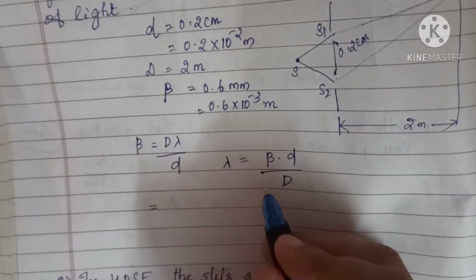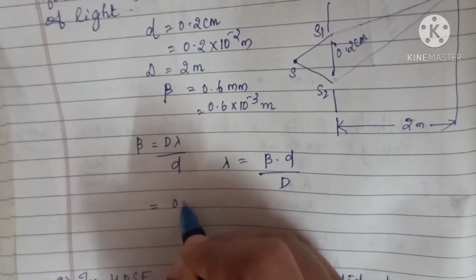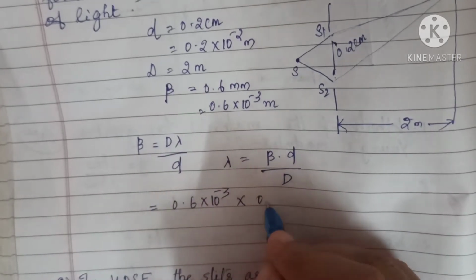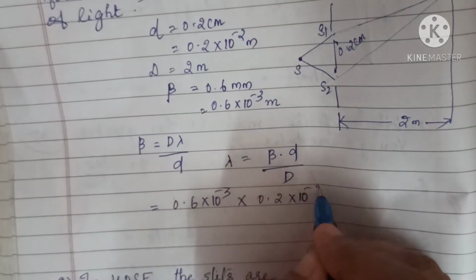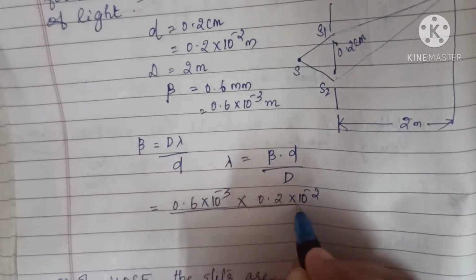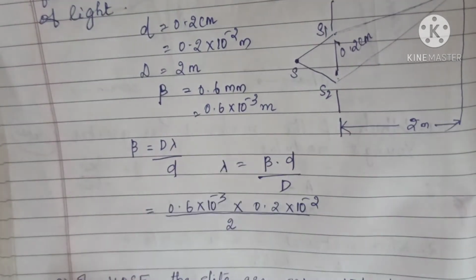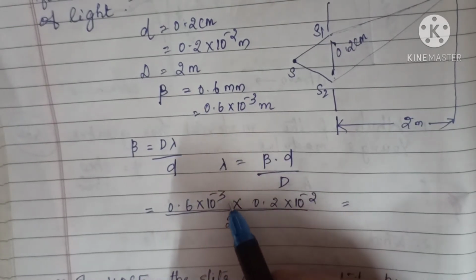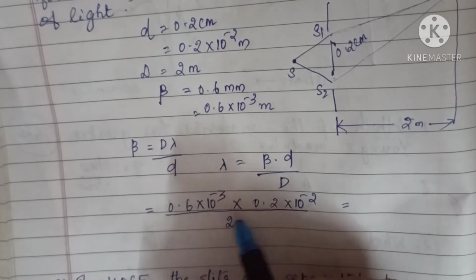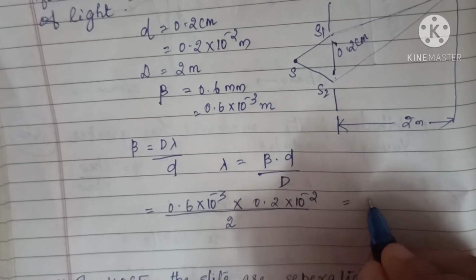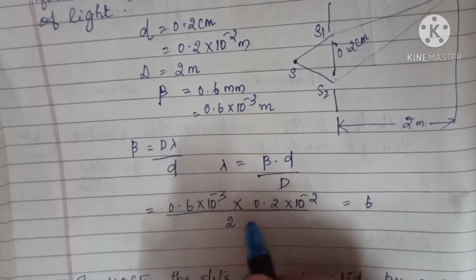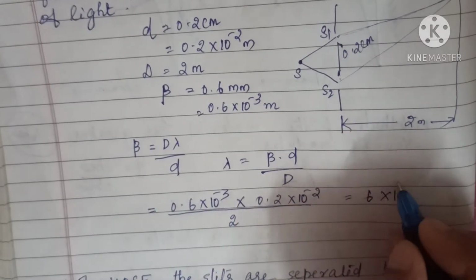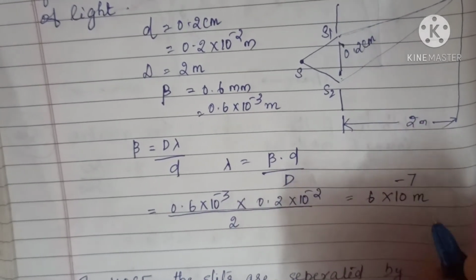So you can substitute beta as 0.6 into 10 power minus 3 into small d, 0.2 into 10 power minus 2, divided by 2. Okay, so what is the answer? As this will get cancelled, finally the answer is 6 into 10 power minus 7 meters.